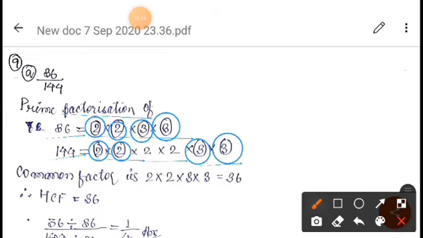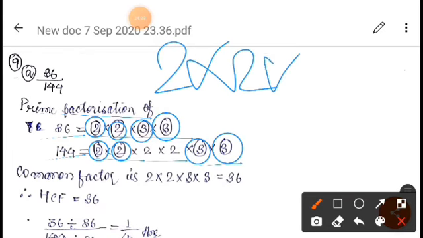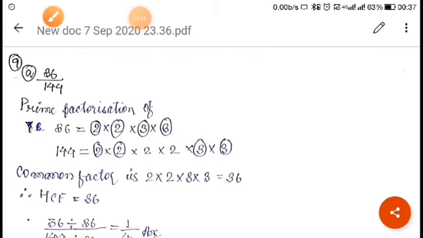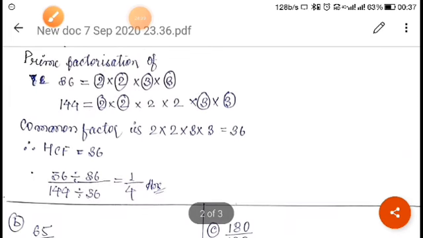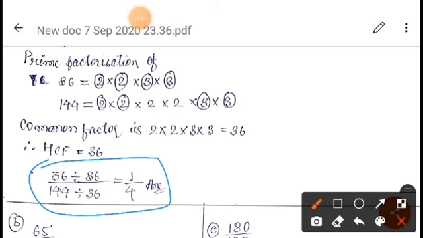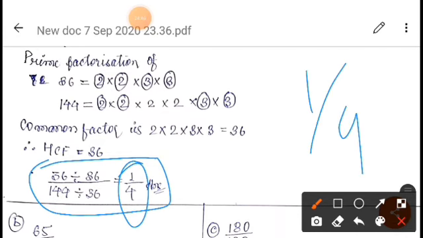So we can write the common factor is 2 into 2 and 3 into 3. So we get the common factor as 36, and this will become the GCF. Now we will divide, and we will get 1 by 4. So 36 by 144 is 1 by 4.